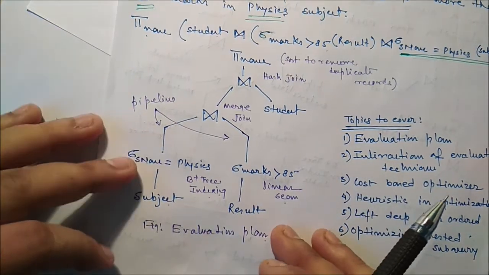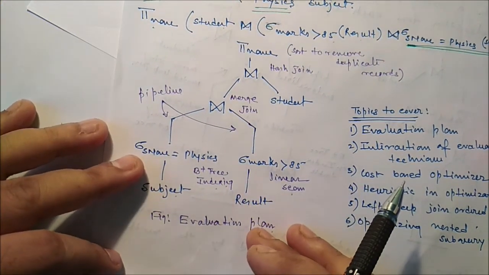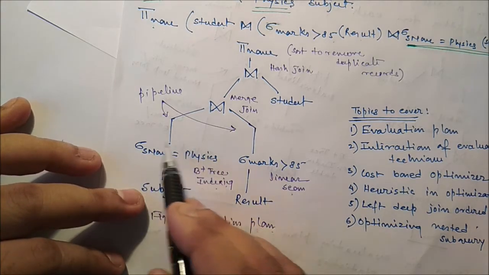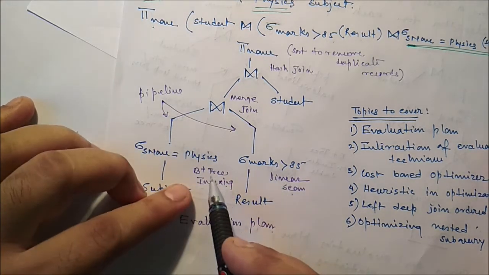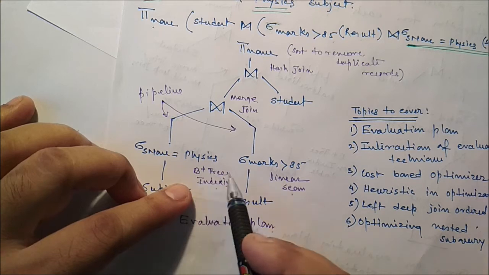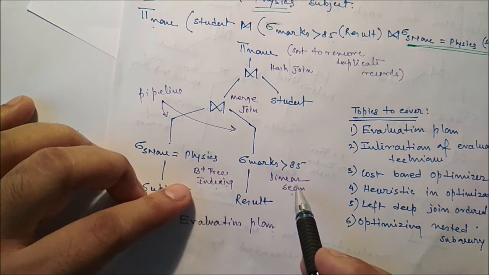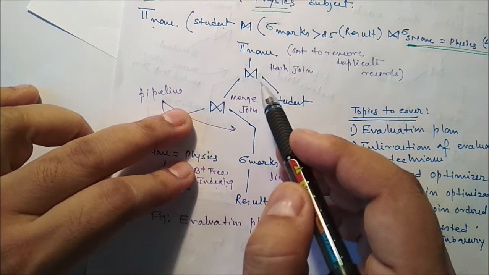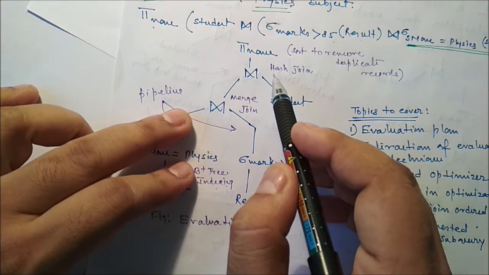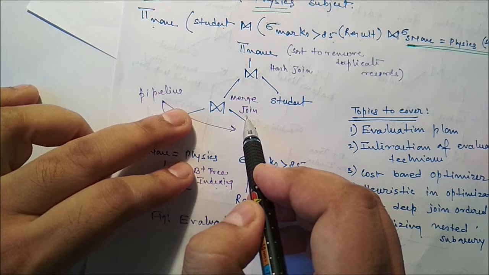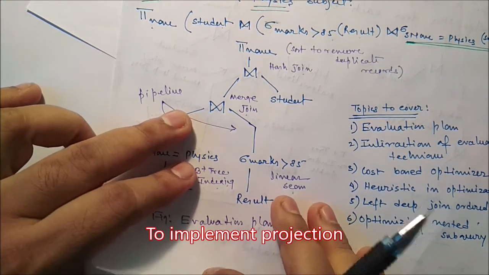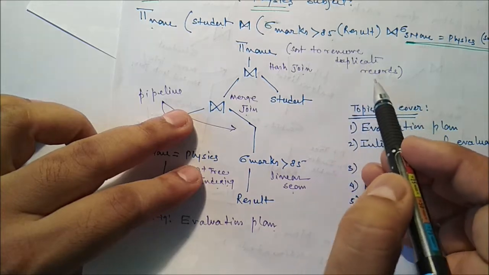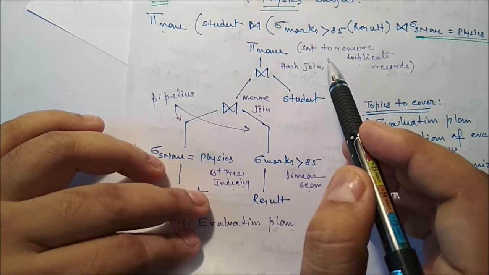Now there are two components: what algorithm should be used and how the execution is coordinated. For selection, the algorithm may be B plus tree indexing, or linear scan, and pipelining may be used. Now two joins are there, we can use hash join or merge join. To implement hash join, sort to remove the duplicate records, so sorting we may apply.